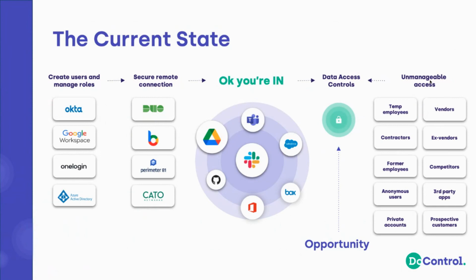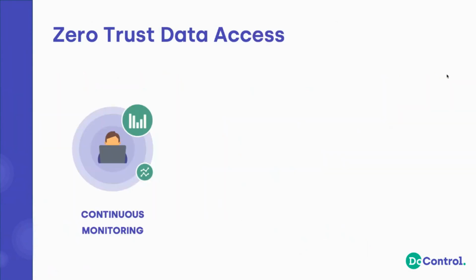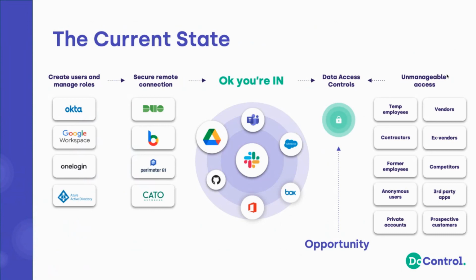Now, the challenge that we help solve for is once you get past those two components, you then have access to all of the different applications that are being utilized by the business. And even if you have established user-based access controls at the identity level, you lose the ability to control the specific files and data that exists within those applications.